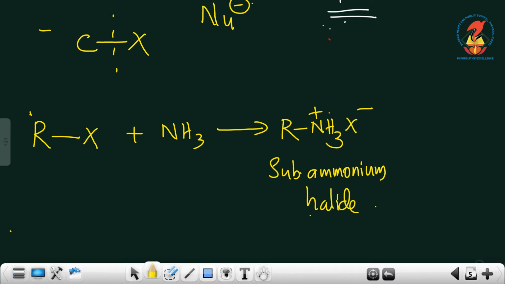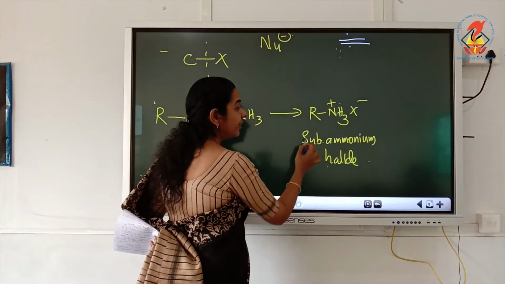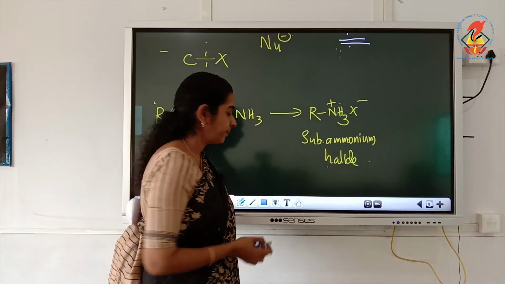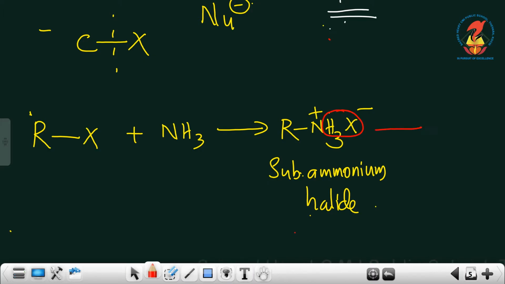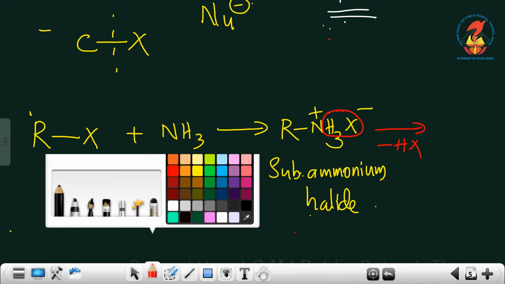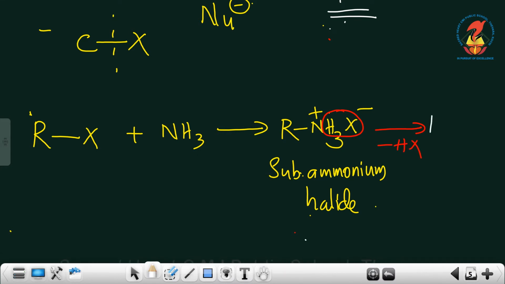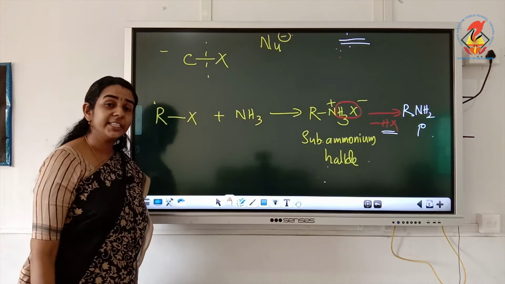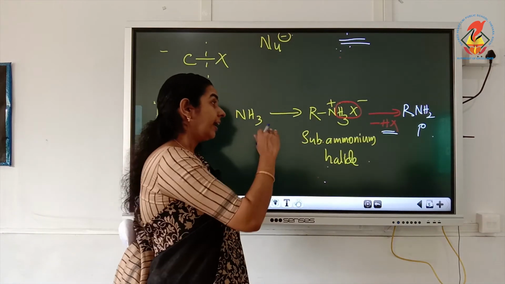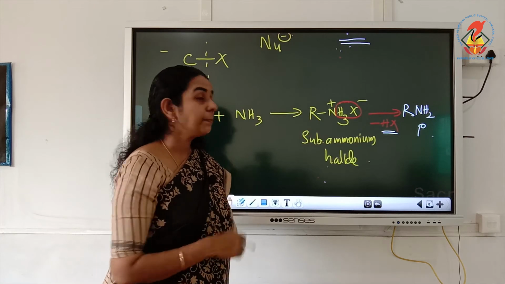If we use RCl here, we get substituted ammonium chloride. From this, HX is eliminated. So minus HX, NH3 becomes NH2, and we get the primary amine. This is the actual reaction happening. First we get a substituted ammonium halide, which on elimination of HX gives the primary amine.